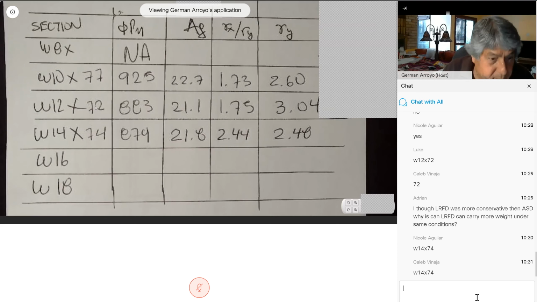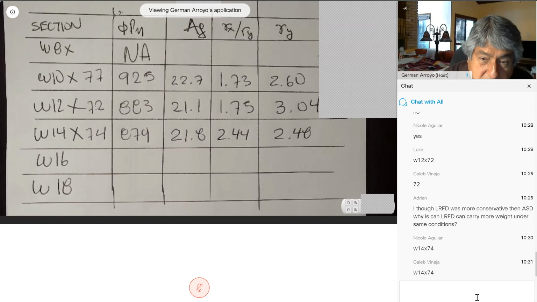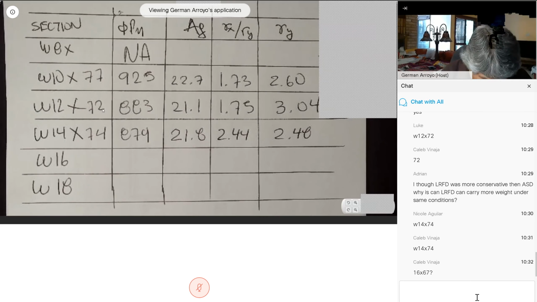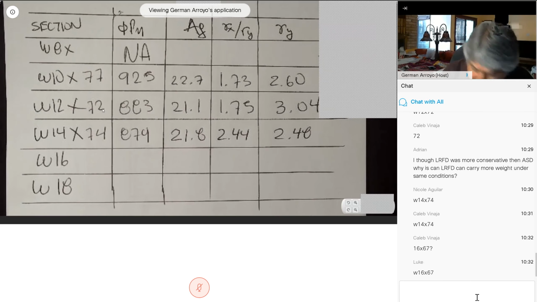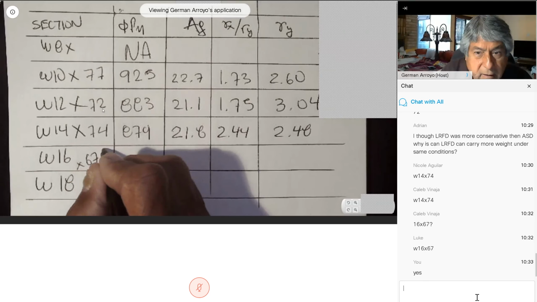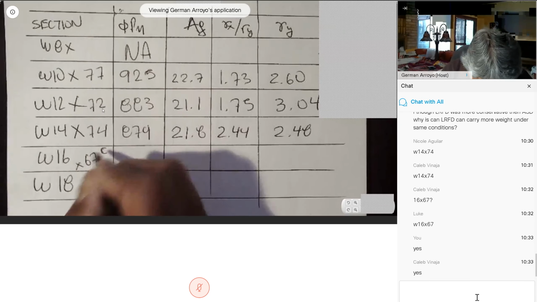Go to the code and find me one. Chapter 1, where all the W shapes are. I want you to find me a W16 that is lighter than W12 by 72. W16 by 67. Does it have a letter C in there? Yes, we need to put it. Go to a W18.